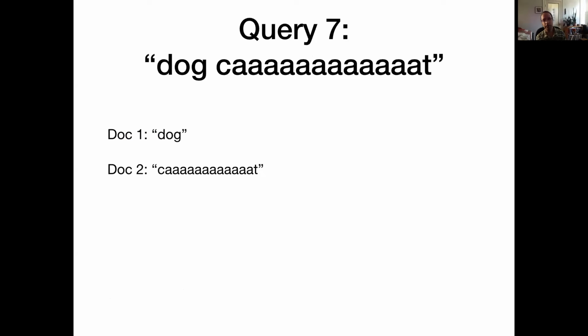Here's another detail, searching for dog and cat again, but I've taken the query term cat and I've extended it so that it would be pronounced cat with a long drawn-out vowel. And the question is, is there any preference for a match on the longer query term here, or are these tied?